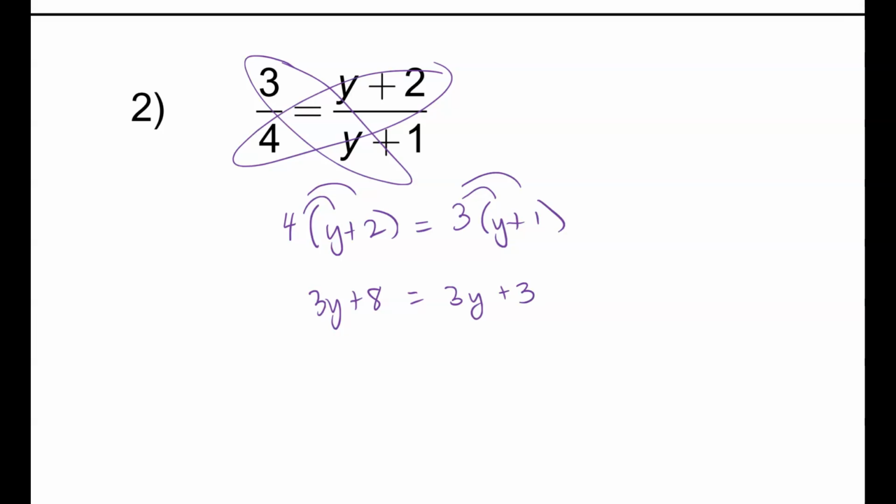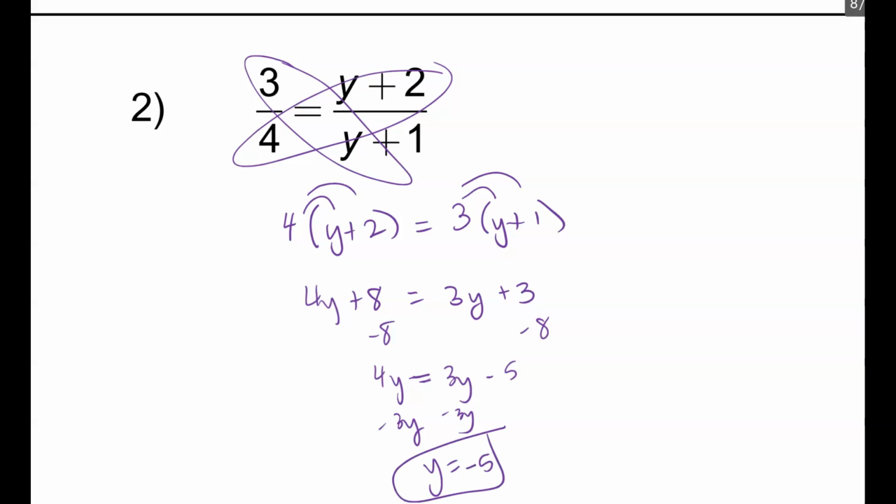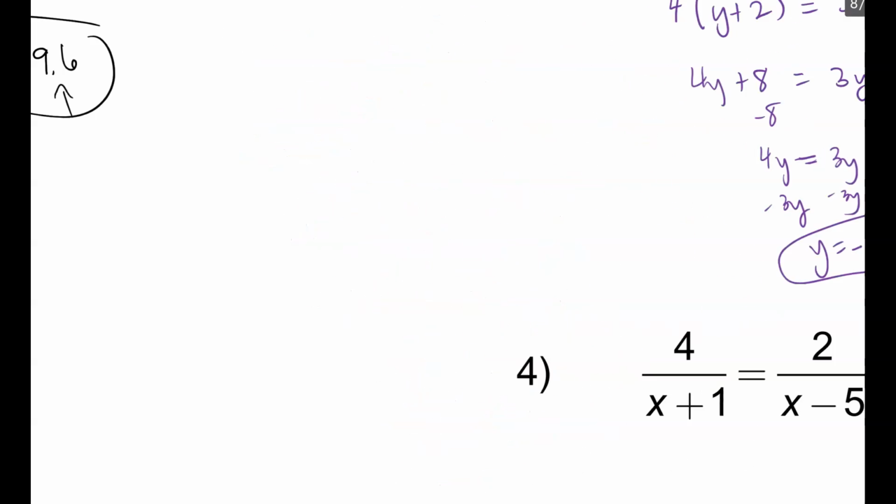Parentheses are your friend. Oops, this is 4y. I'm just making lots of mistakes today. All right, 4y plus 8. I'm going to subtract 8 on both sides. I'm just going to show it step by step for you. Subtract 3y on both sides, and we get y is equal to -5. Perfect. Go ahead, pause the video if you need to.